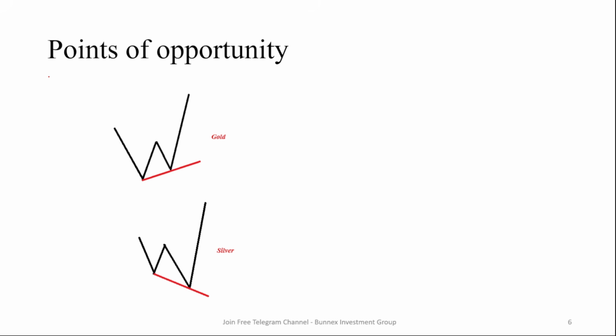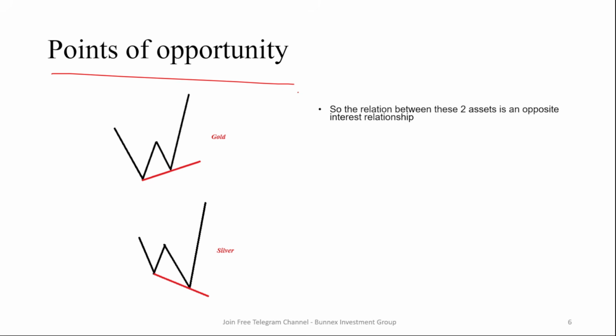So basically, the points of opportunity are these ones. The relationship between these two assets is an opposite-interest relationship. When gold gives us a structure with two legs, like in this particular instance, and silver does the opposite, we are expecting a rise on gold.